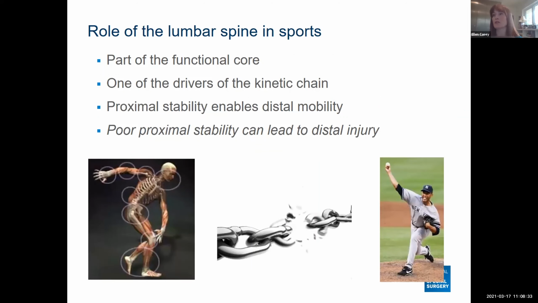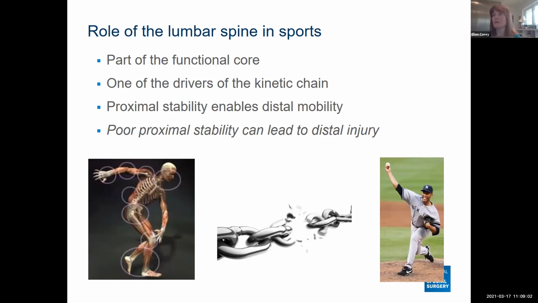As you all know, this concept of the kinetic chain is extremely important in sports medicine, and it really starts from our proximal stability, and certainly the spine is a big component of that. As you probably are aware, when you go to throw a ball with your right hand, let's say, the very first thing that happens in that chain of events is that you contract your transversus abdominis on the left side to stabilize the spine, and then obviously do your complete throwing mechanism.